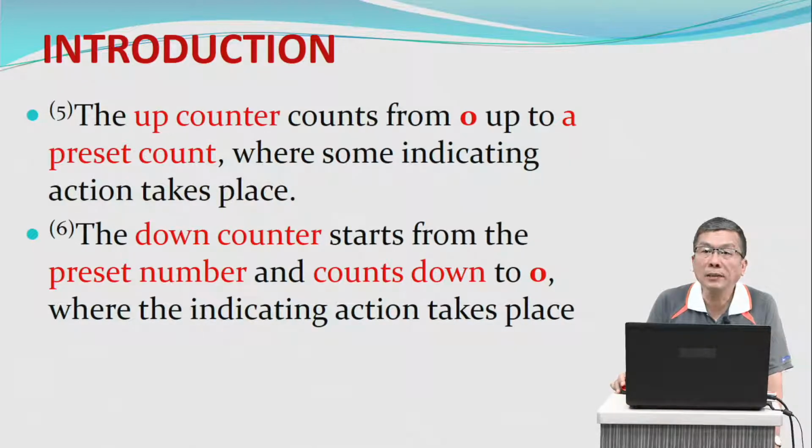The up counter counts from 0 up to a preset count, where some indicating action takes place. The down counter starts from the preset number and counts down to 0, where the indicating action takes place.